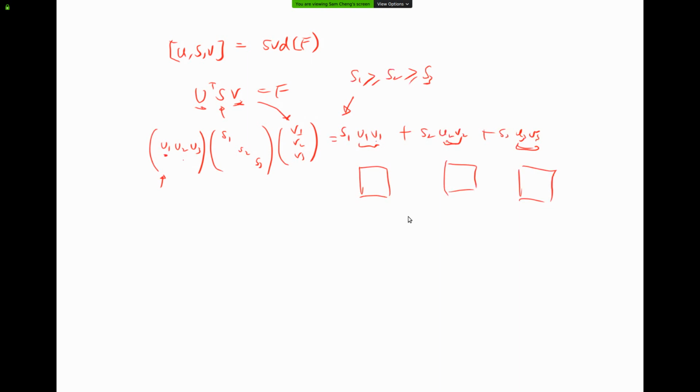F is exactly equal to this sum, but if you omit one of the terms, it becomes a rank 2 approximation. Of course, you discard the one with the smallest singular value. In this case, you can approximate f using a lower rank matrix.